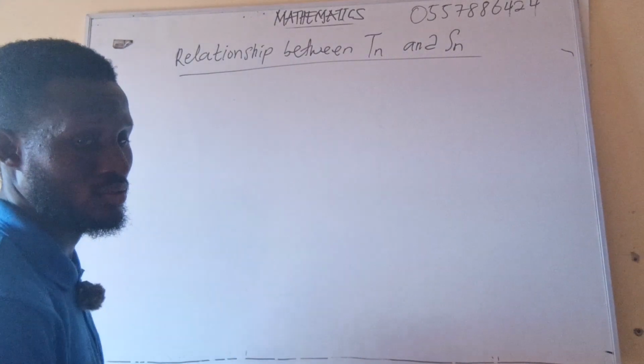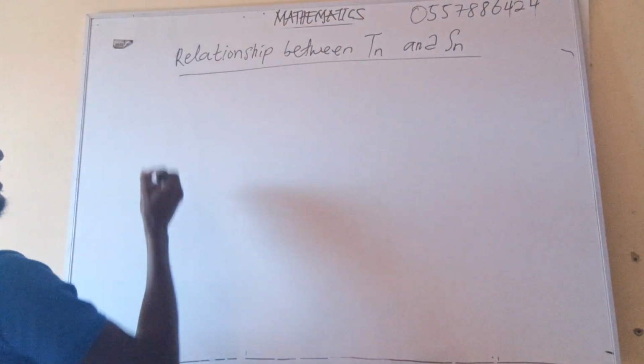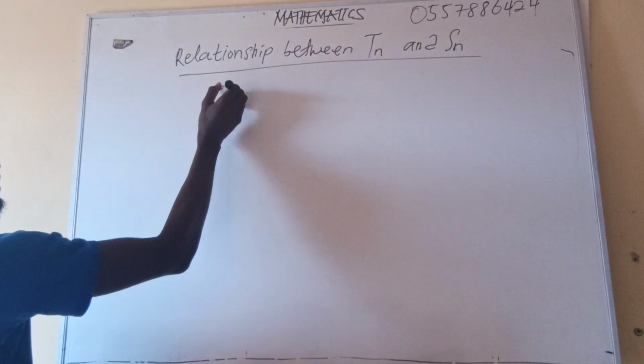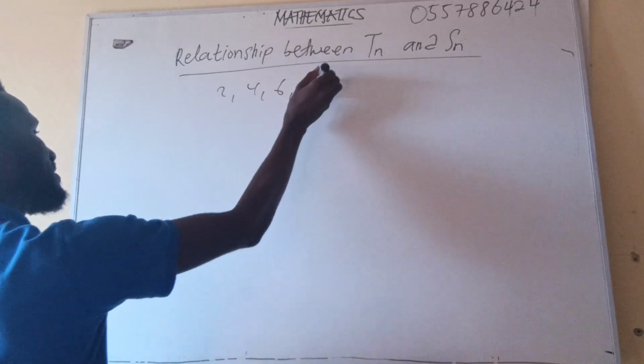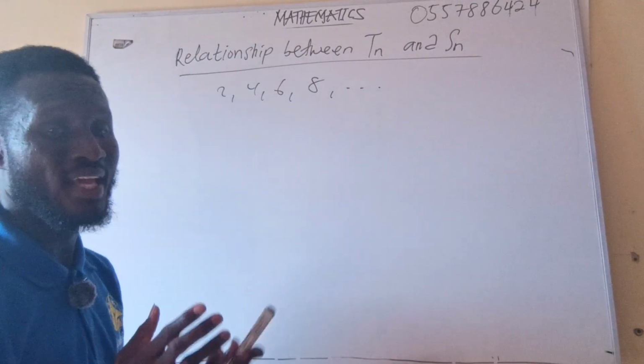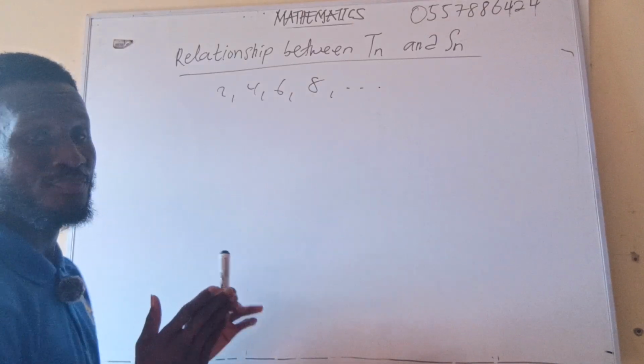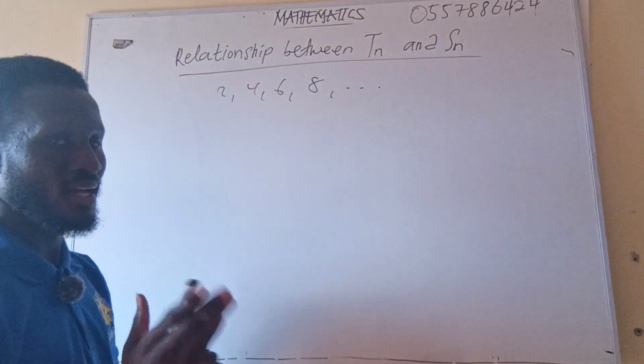Follow me closely. Now, let's say we have 2, 4, 6, 8. This can be applied to both AP and GP, so when I teach it here, it's the same for an exponential sequence.